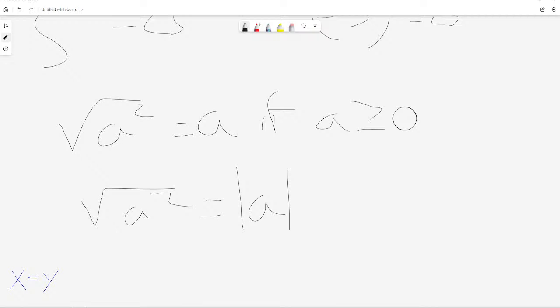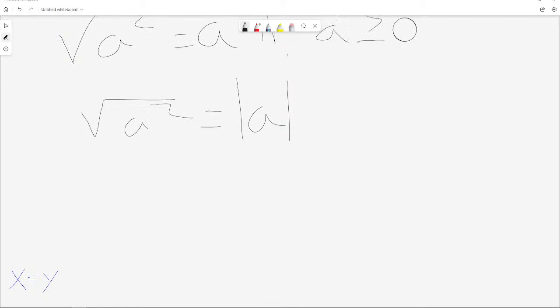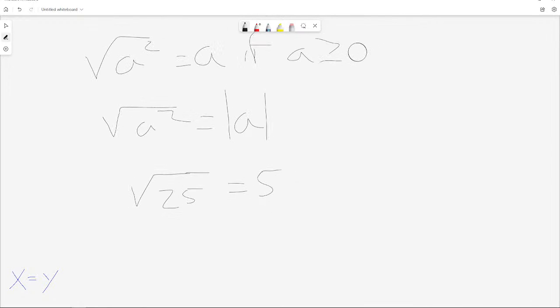So as an example, the square root of 25 is equal to 5. So how do we plug this back into the formula? 5 would be a, and a squared, which would be 5 squared, is equal to 25.